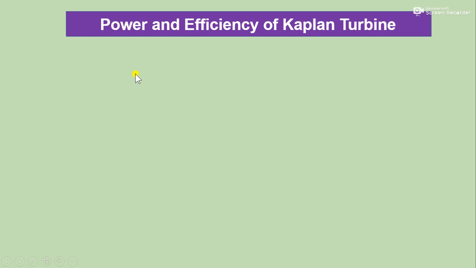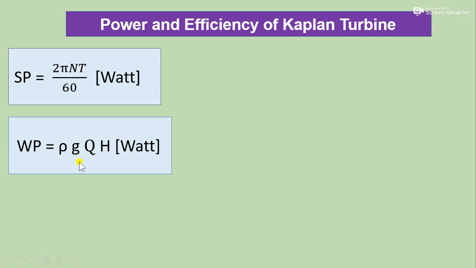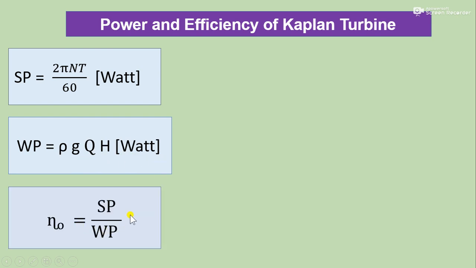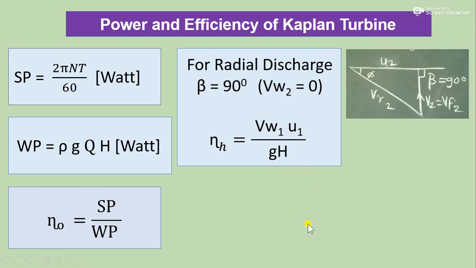Now we will see about power and efficiency of Kaplan turbine. Shaft power is same formula, 2 pi NT by 60 watt. Water power as an input, rho g QH in watt. Overall efficiency, that is shaft power upon water power. For the radial discharge, hydraulic efficiency formula becomes VW1 U1 upon GH.